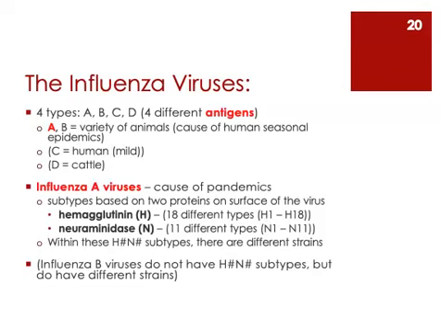Now, if you look into that A type of influenza, there's a bunch of subtypes, very similar to what we think of when we talk about strains of bacteria. There are different subtypes of influenza A, and they're named based on 2 of the spike proteins that you can see on the surface of the virus.